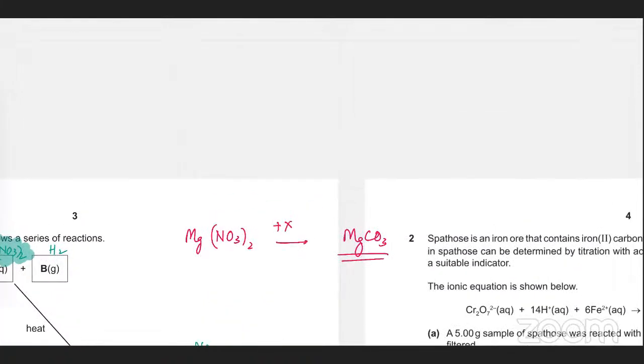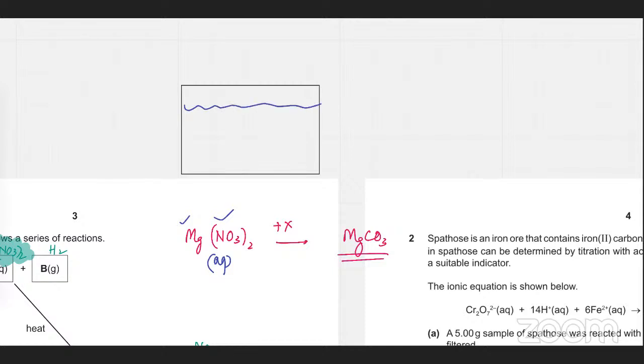Now that's known as a precipitation reaction. In a precipitation reaction, you just mix two random things as long as they're soluble. For example, in this case, one of them is magnesium nitrate that we're going to add to water. So in ionic precipitation, this is what happens.